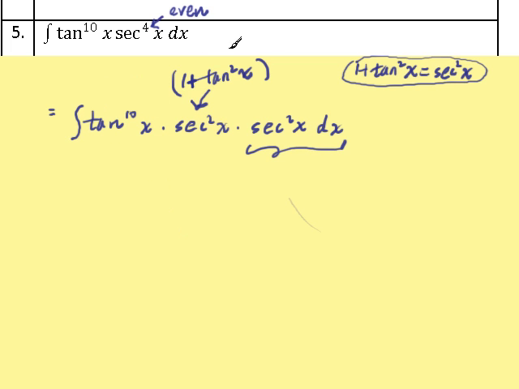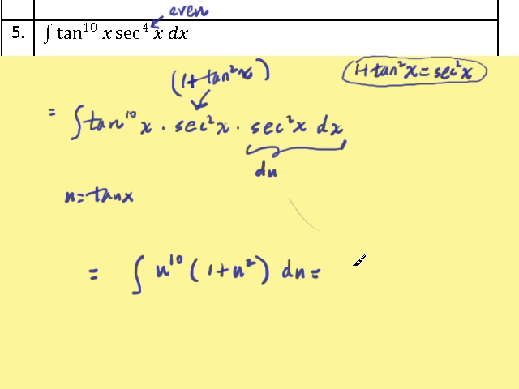All right, so now here we have all tan squares, and here we have the derivative of tangent, which is secant squared. So we're going to put u equal to tan. And here's du. Okay, so we have u to the 10th, 1 plus u squared du.